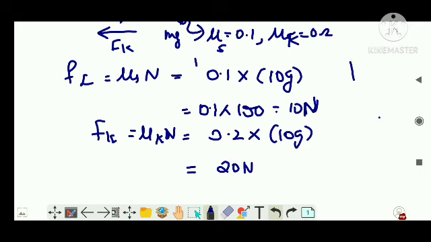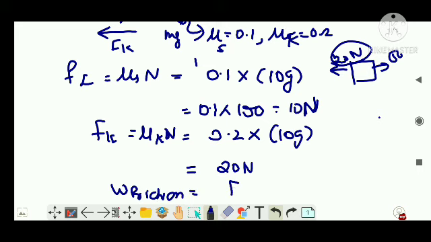So this block has forward 50 Newton, backward 20 Newton. What will be the work done by the frictional force? Work done by frictional force is equal to force of friction dot product with what? Displacement, which is 5 meter.